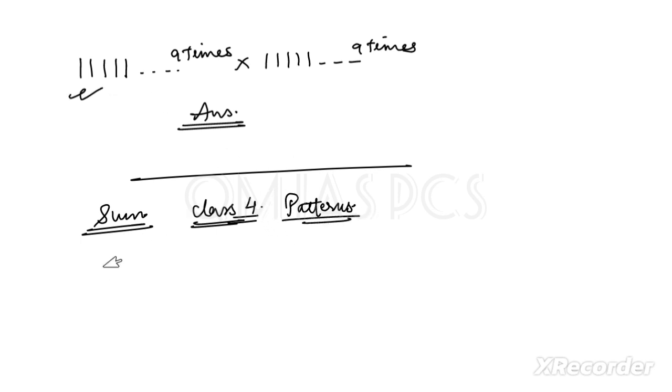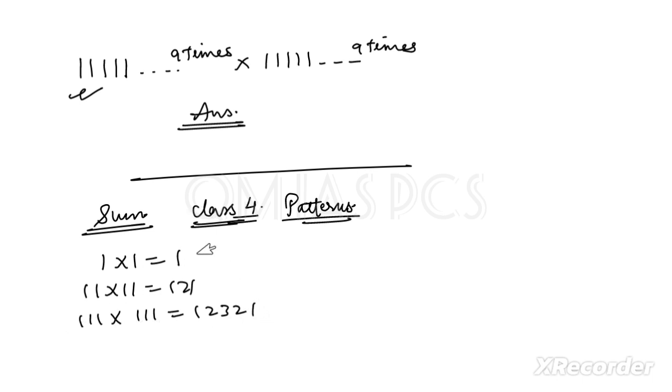I was very surprised to see it given like 1 multiplied by 1 is 1, 11 multiplied by 11 is 121, triple one multiplied by triple one is 1 2 3 2 1. Believe me, just go and see.